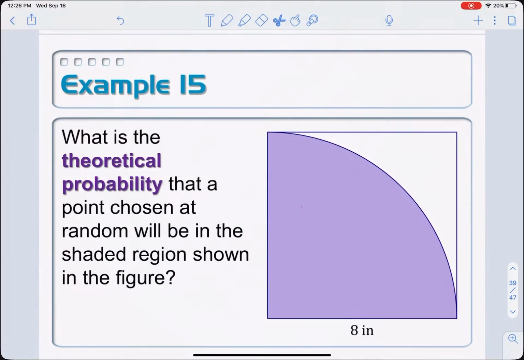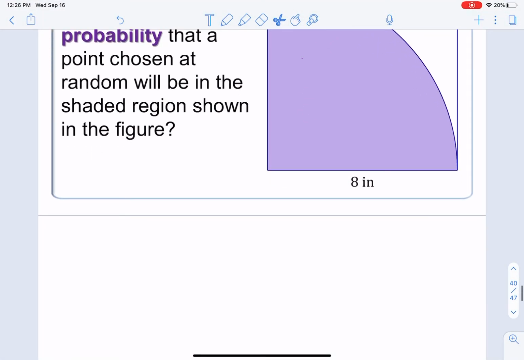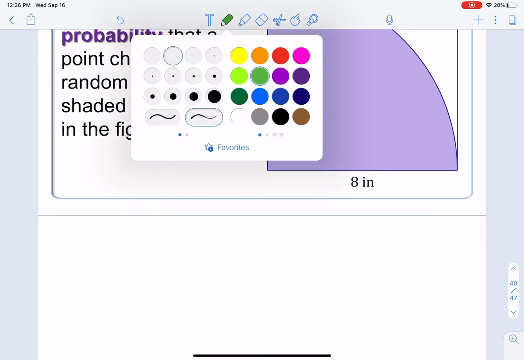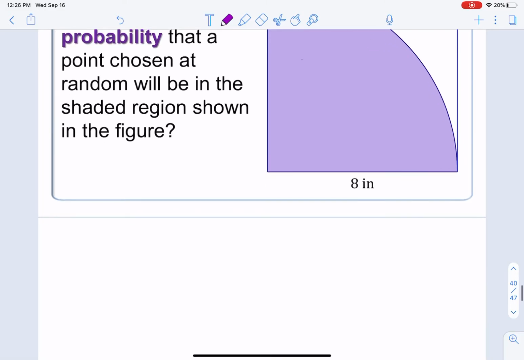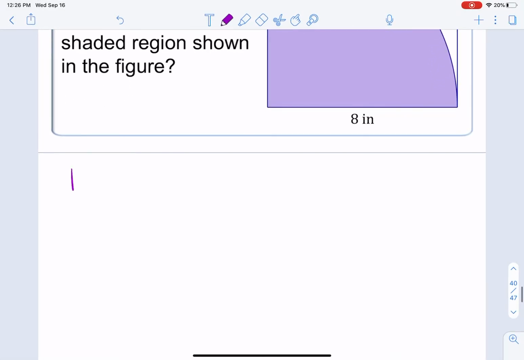So let's carry that out right here. It's got to be purple to match my shaded region. I'm going to write this as probability, P, that my point is in the shaded region.